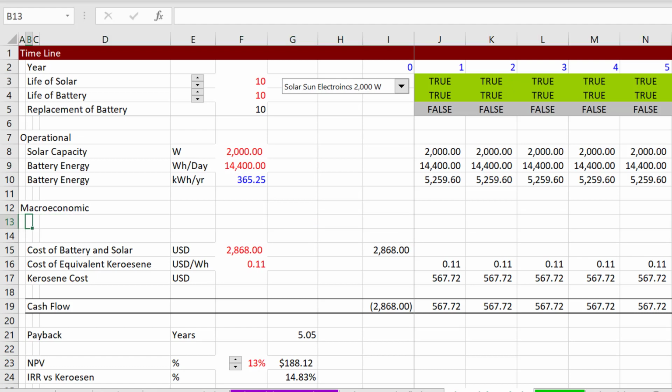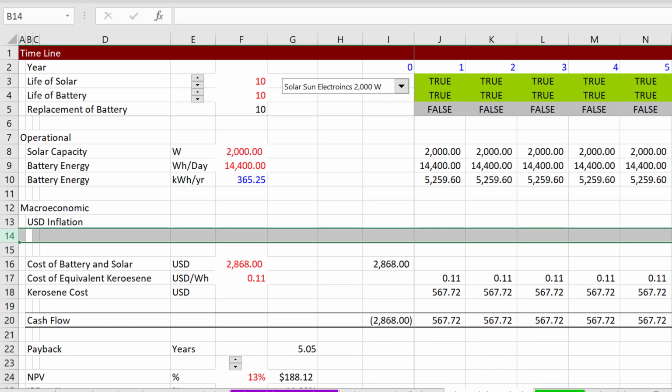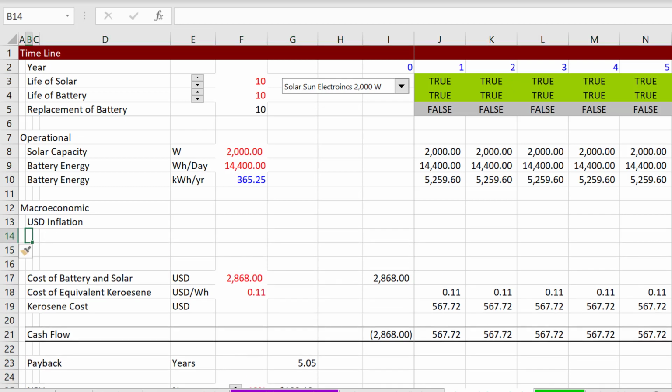Because I really am making this as I'm just working on it. And we should put a USD inflation. And I'm making it very simple, and I'm going to put local inflation, which is Rwanda franc inflation.